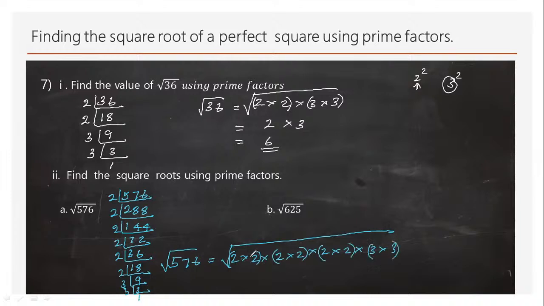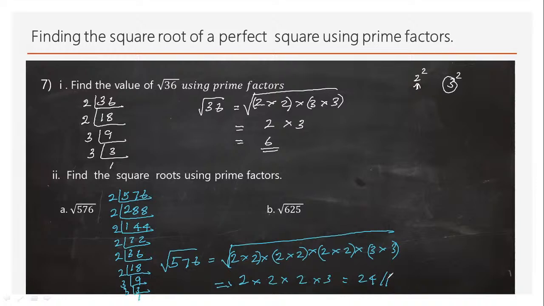Now look, this is 2 squared, so the root is 2. Here also the root is 2, and here also 2. The square root of 3 squared is 3. Then the answer is 2 times 2, 4 times 2, 8 times 3, 24. This is the prime factorization method. By using this method, you can get the square root. I think you all understood, right?